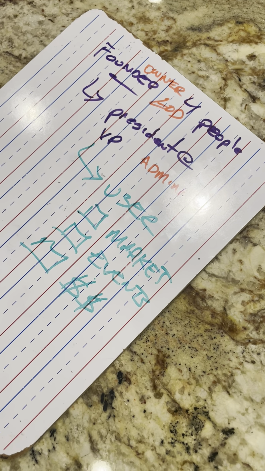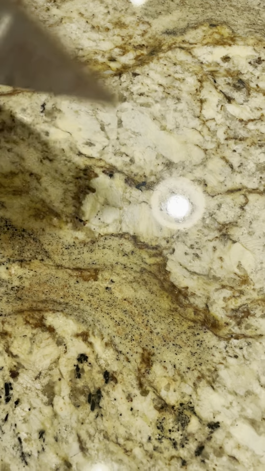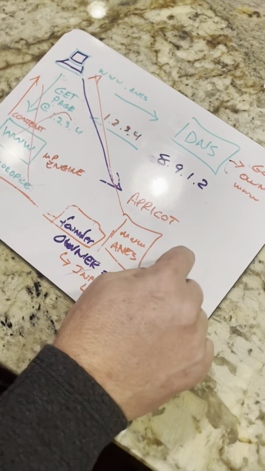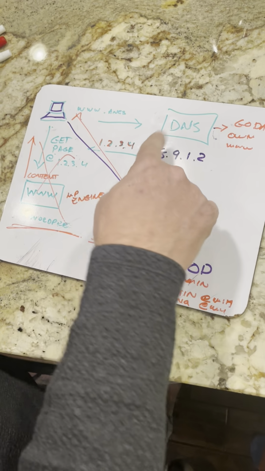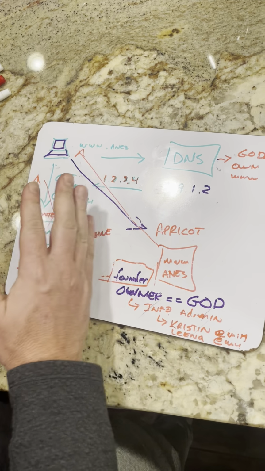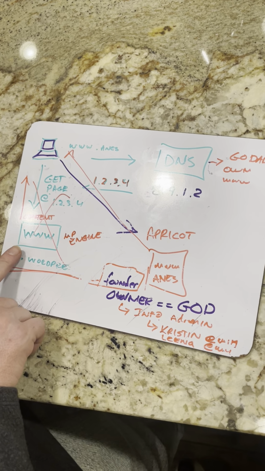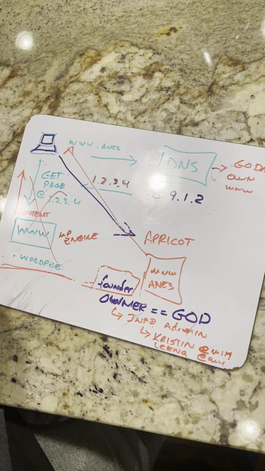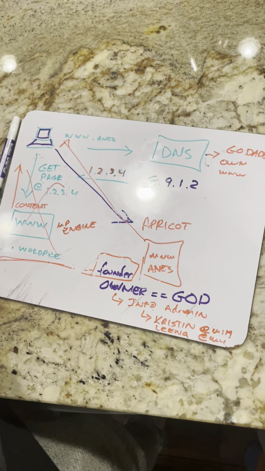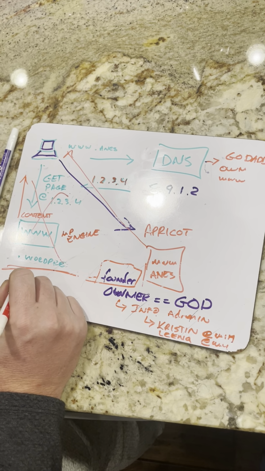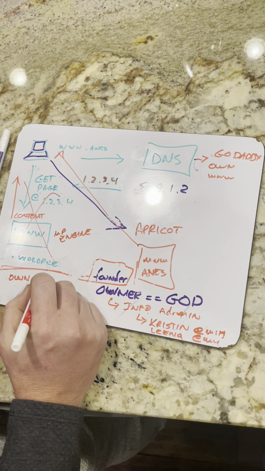But as far as all this other stuff goes, if you're moving to Apricot, we have pathways to change this hosting provider over to Apricot. We also got access to this, so we don't need that WordPress engine anymore. But this WordPress engine, the owner or God level account is Bandon.